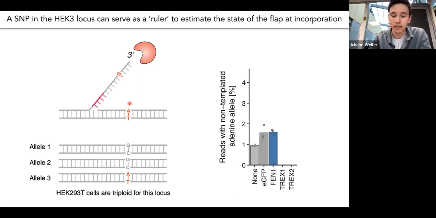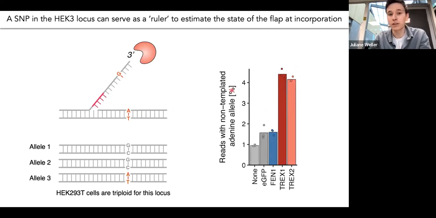And it's very similar if we overexpress EGFP-N1. However, if we overexpress TREX1 and TREX2, you can see how that fraction of reads with an A in that position goes up. So that could point towards something where the flap starts becoming degraded more with overexpression of these nucleases.